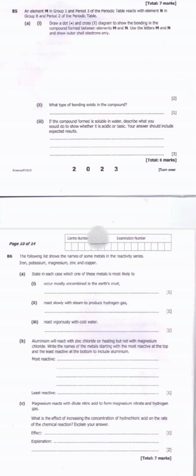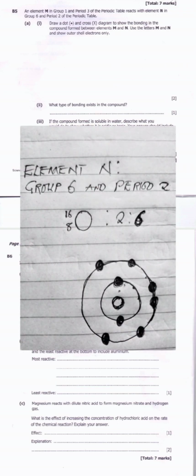Okay, and this is oxygen, which has a proton number of 8 and a mass number of 16. So here is the arrangement of electrons in the energy levels of oxygen. We have 2 electrons in the first shell, then we have 6 electrons in the second shell.